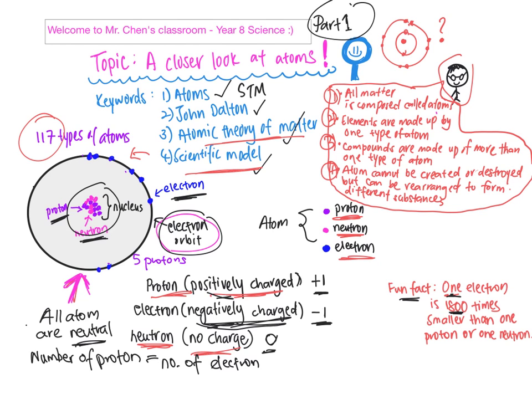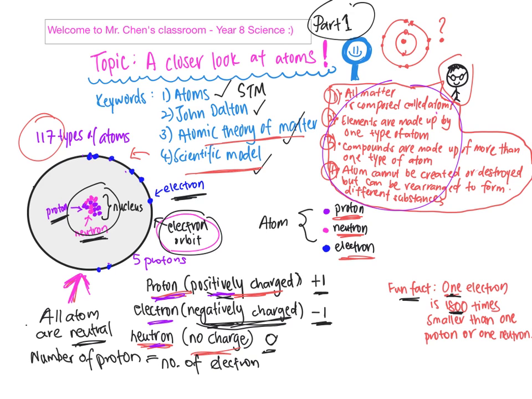So to conclude this video, we went through who John Dalton is, what atoms are, what is inside the atoms, and we also talked about the atomic theory of matter. That is right here. And we looked at the scientific model of how atoms look, and were introduced to protons, electrons, and neutrons.